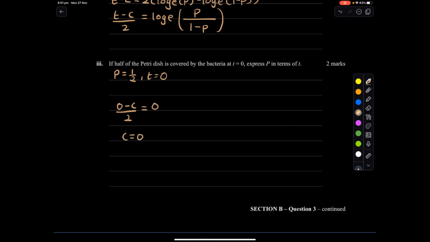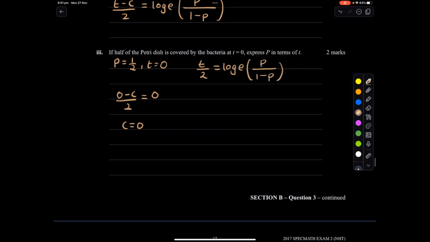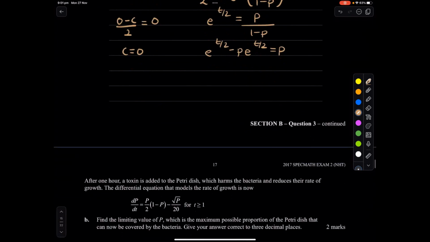So write this whole equation: it's t over 2 equals log e p over 1 minus p. And we solve for p. So it'll be e to the t over 2 times 1 minus p, which gives e to the t over 2 minus p e to the t over 2 equals p.